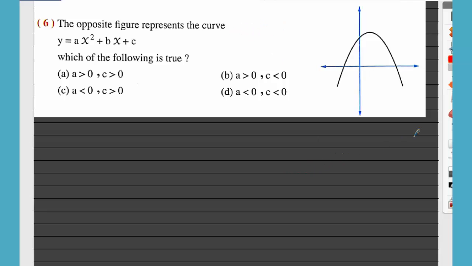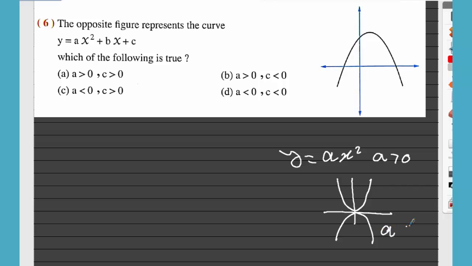If we have the equation y equals ax squared, this curve is opened upwards if a is greater than 0. But if a is less than 0, we will get another form like this.